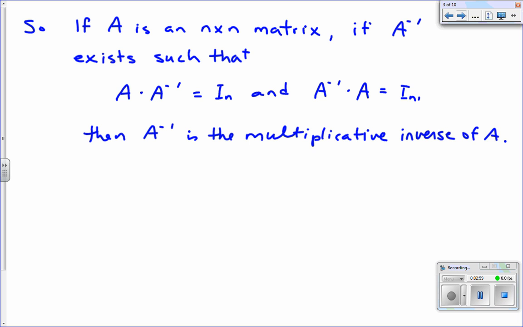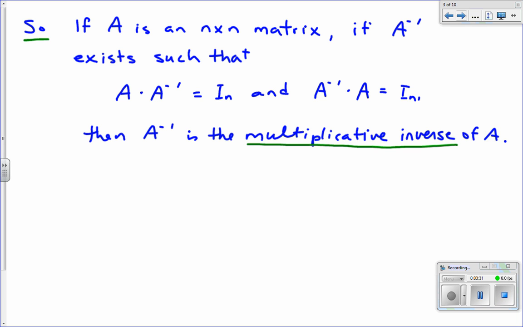So this is what we're heading towards here. If A is an n by n square matrix, and there's a matrix that exists such that if I take A and multiply it by A inverse, I get the identity matrix, and if I take that matrix and multiply it by A and get the identity matrix, then we call A inverse the multiplicative inverse of A. And I'm going to start soon dropping the word multiplicative because it's so long.